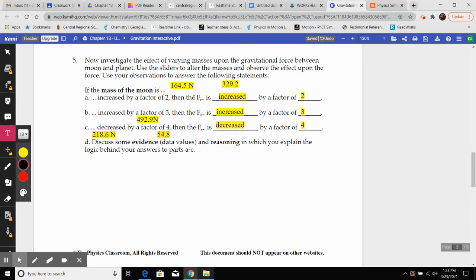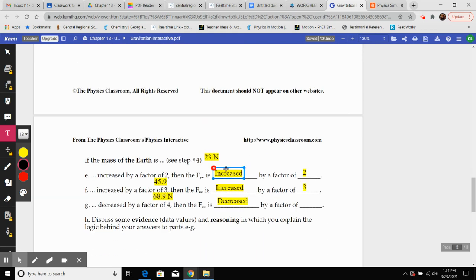Just like what we did here. When we increased the mass, force increased. You doubled it, it increased by a factor of 2. You increased it by a factor of 3, force increased by 3. You decreased it by 4, it decreased by 4. Again, different size for the planet instead of the moon. Doubled the mass, you doubled the force. Tripled the mass, you tripled the force. If you decrease it by 4, then it should decrease by a factor of 4.